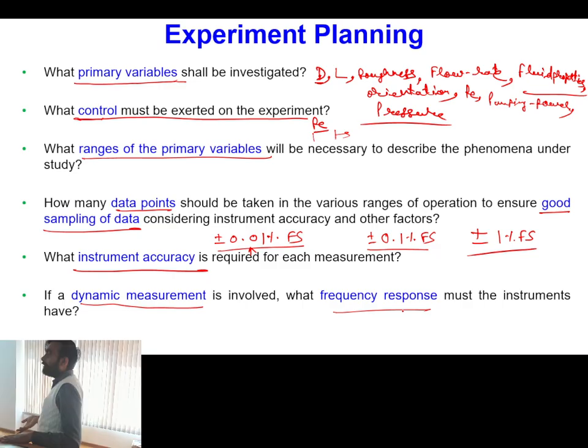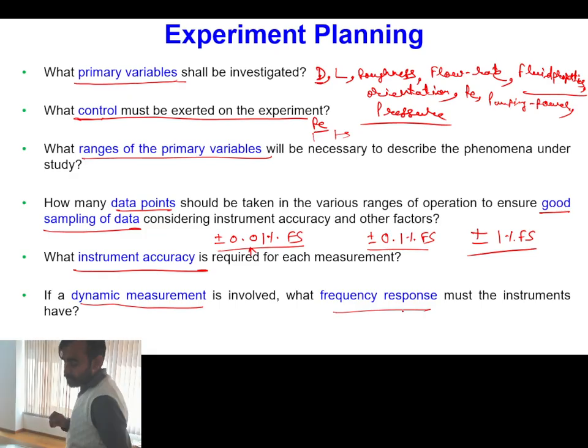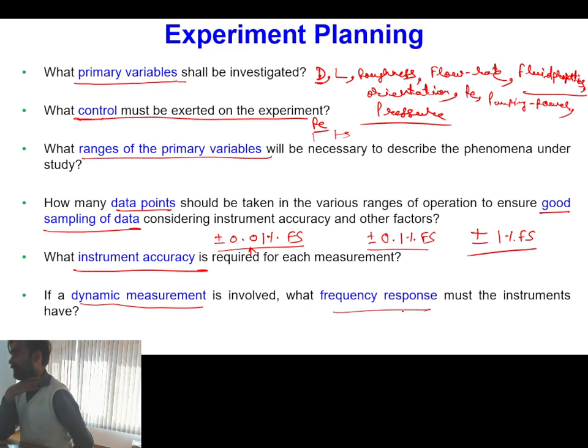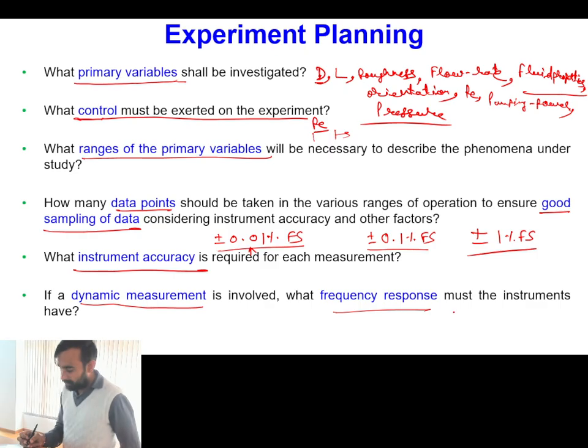So in that scenario, instead of the Bourdon tube pressure gauge, you may have to use a pressure transducer, and the frequency response of the pressure transducer should be faster in comparison to the required sampling rate of the data. A simple example: if your requirement is, from 0 to 15 seconds, to record the data at every 1 second, what is the value of pressure after 1 second, 2 seconds, 3 seconds?